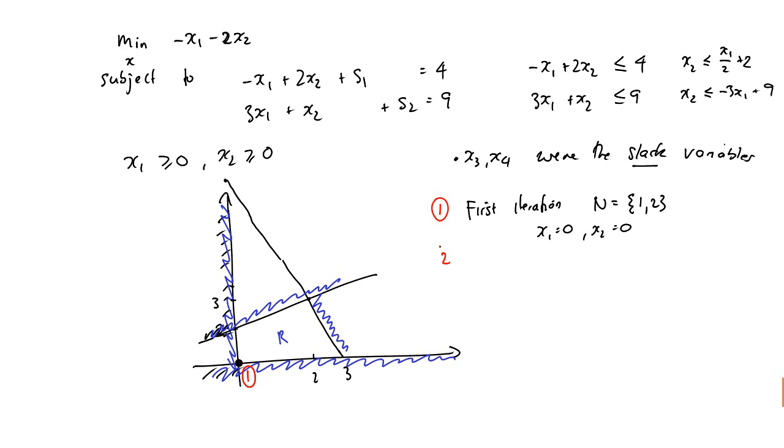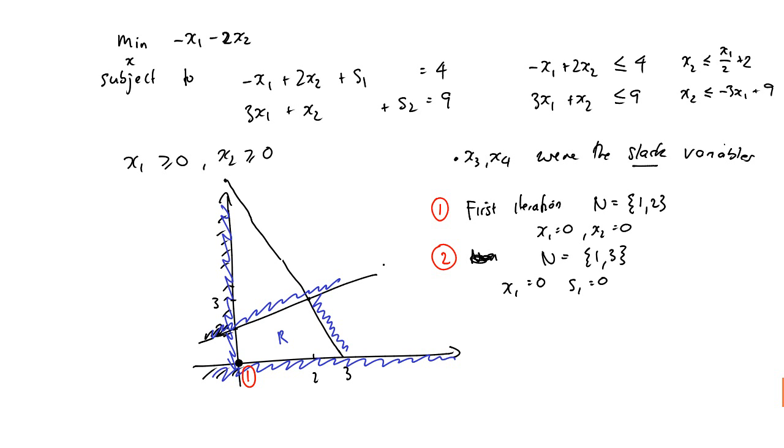Okay, at our second iteration, what did we do? Well, we plugged 2 into our basis and our non-basic variables. So we had n equals 1, 3. That means x1 equals 0, and S1 equals 0.